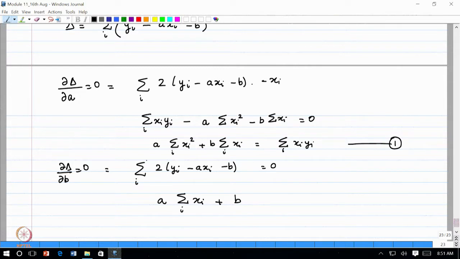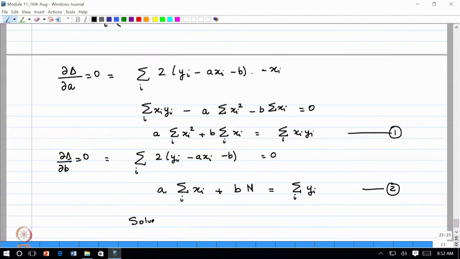Now, you have sum over I of just b, that is just n, and this is equal to sum over I y I. So, these are the two equations that we got, and we can solve for A and B. You know the x i's and the y i's, so you know all these quantities, and so you can solve for A and B.